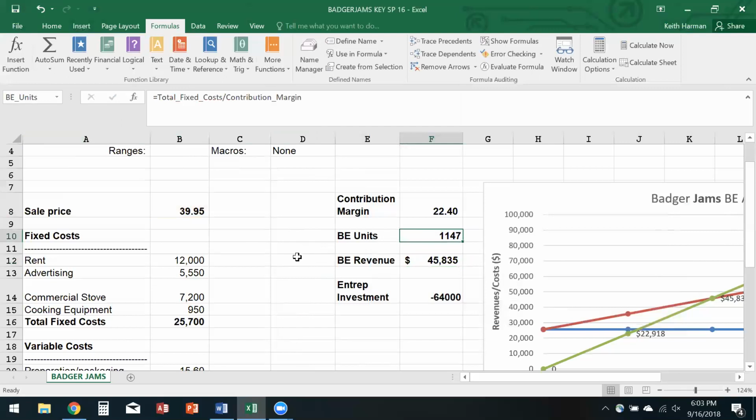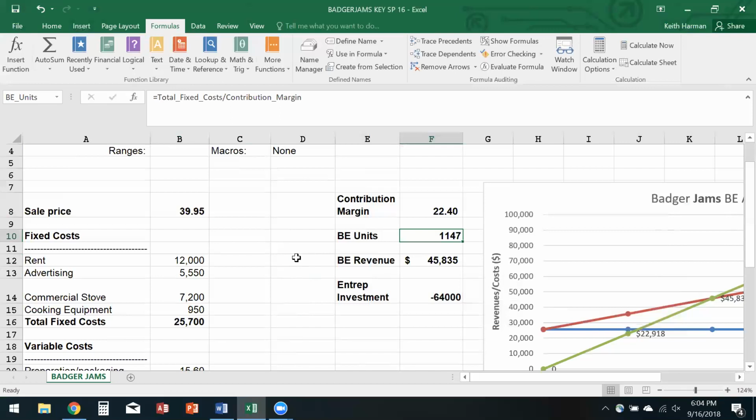We calculated the break-even units by taking the total fixed costs, those are the costs we have to pay, and we divide that by the contribution margin on a per unit basis. So, for example, if we had $10,000 in total fixed costs, then we're going to have to sell items at a price that can cover that.